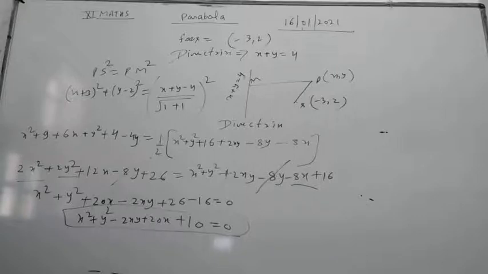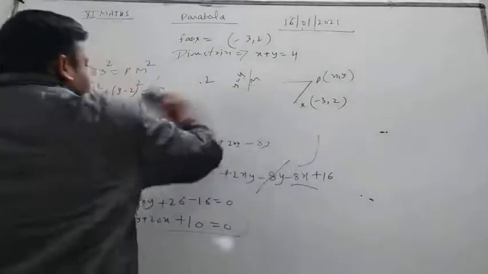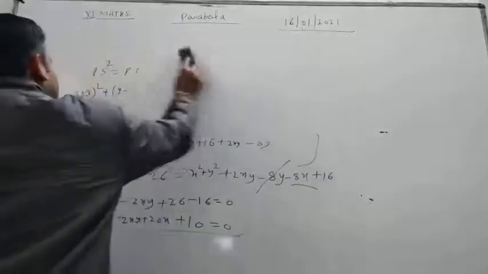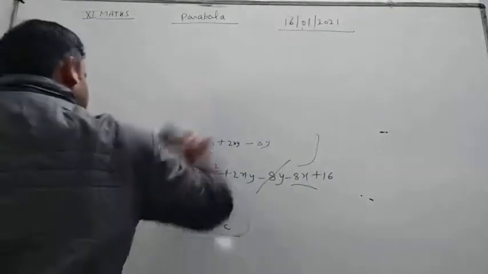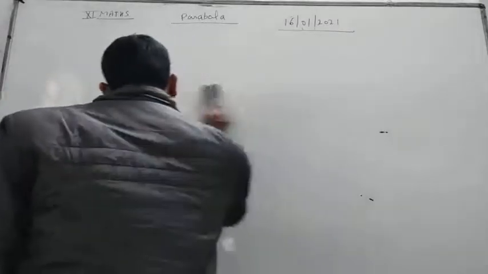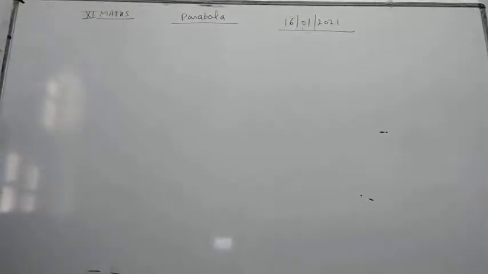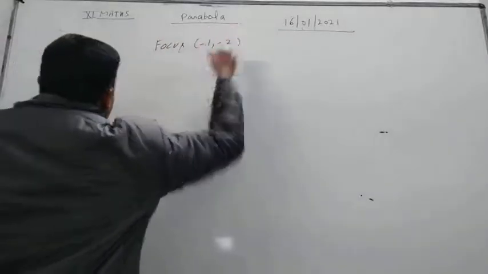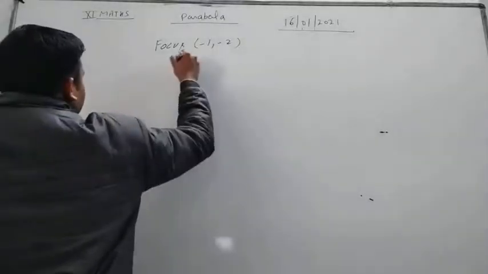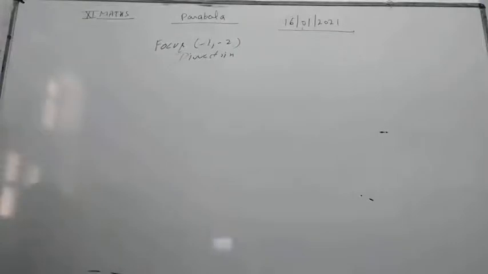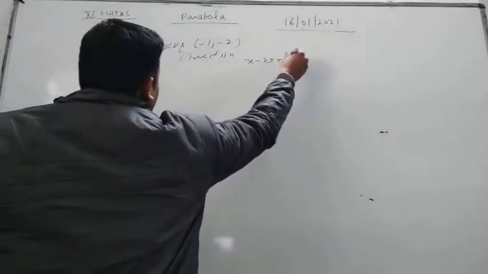Let's see once again. The next question is: find the equation of parabola whose focus is (-1, -2) and directrix is x minus 2y plus 3 is equal to 0.